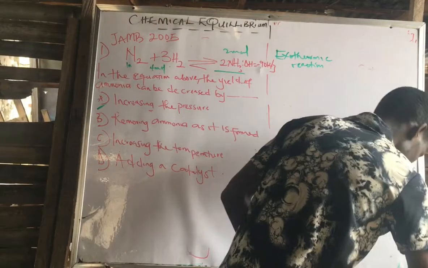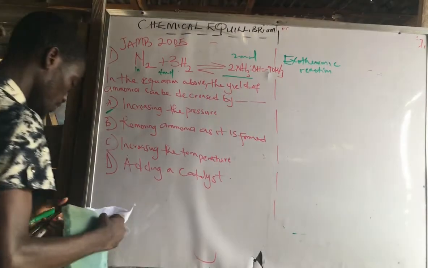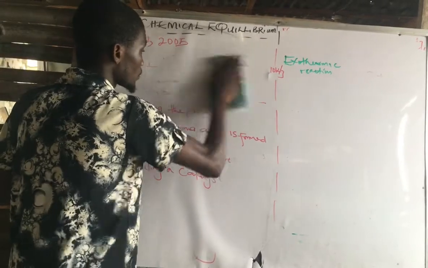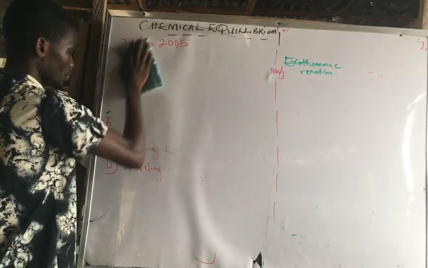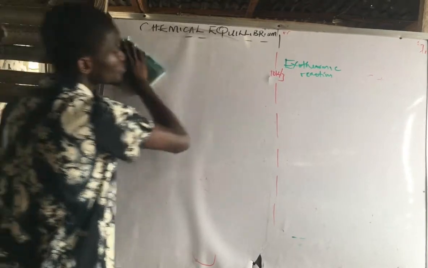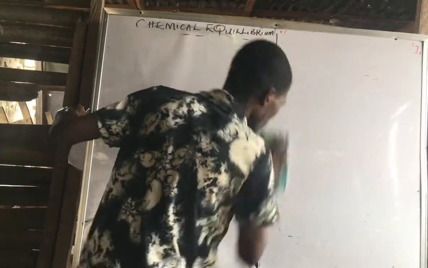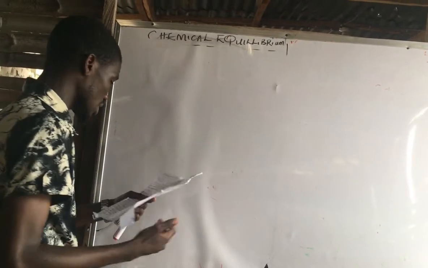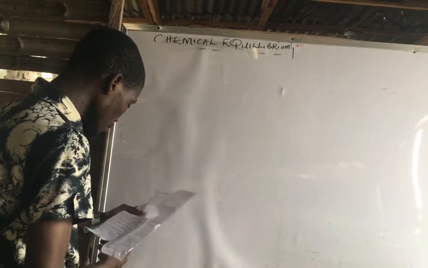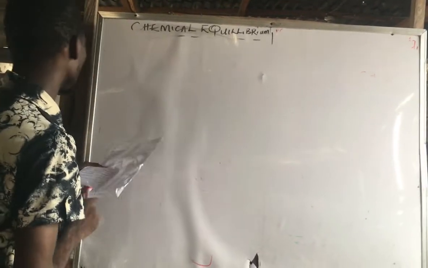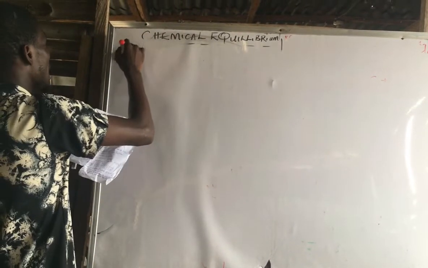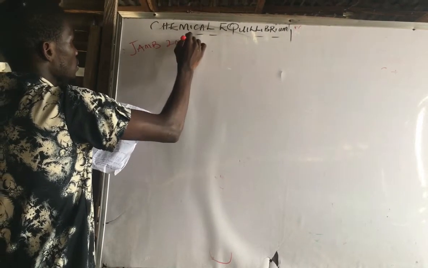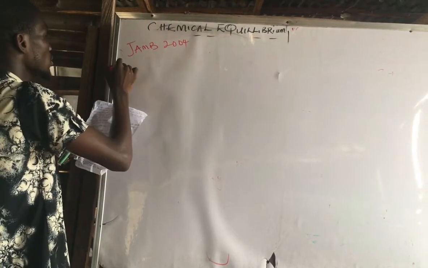So let's take a look at another example. After this, we have 8 more to tackle. Okay, this is JAMB 2004.